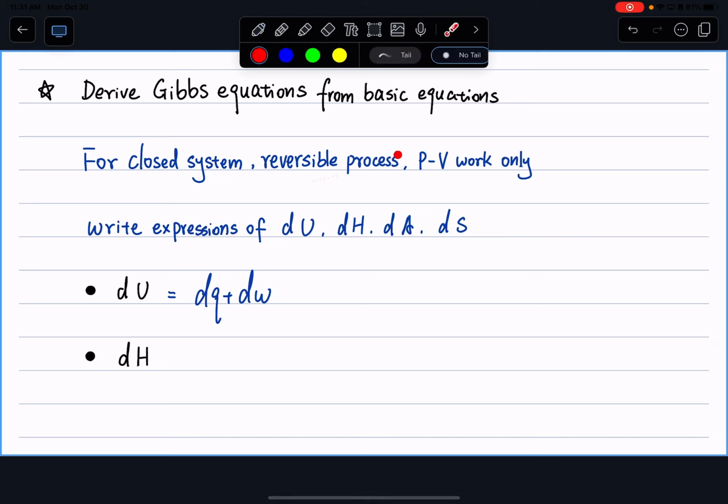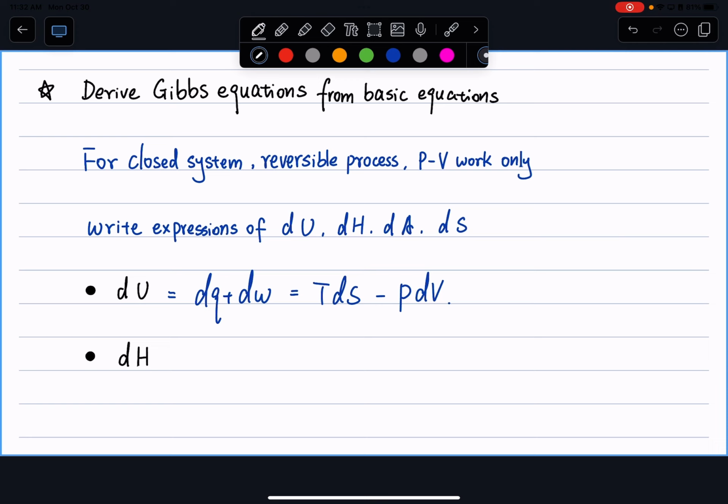We know it's a reversible process with PV work only, so we can rewrite dq equals TdS and dw equals minus PdV. That's just the nature of dq and dw under the given conditions.